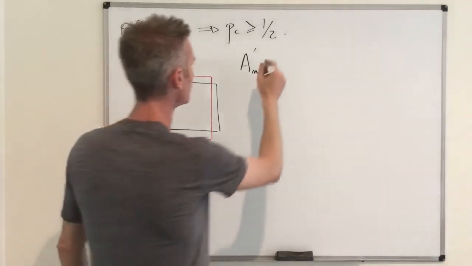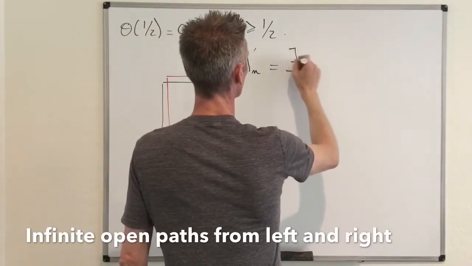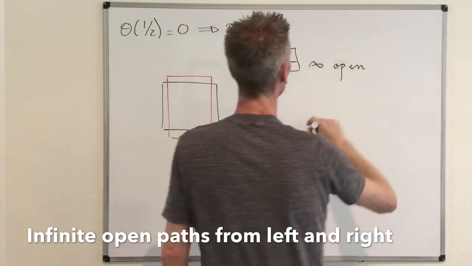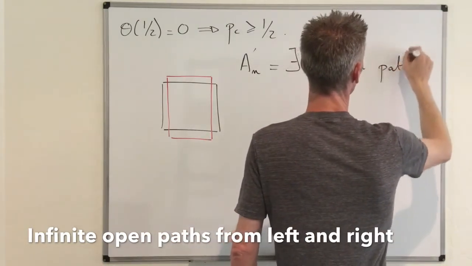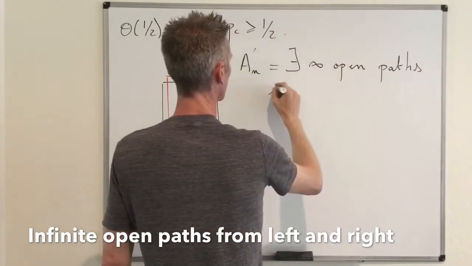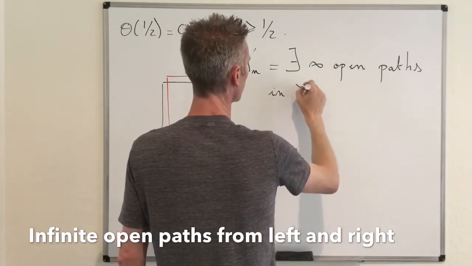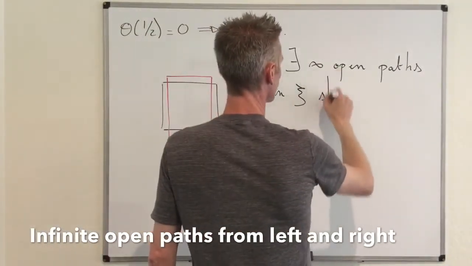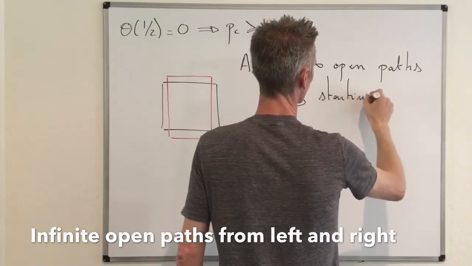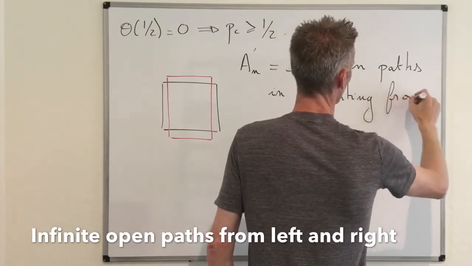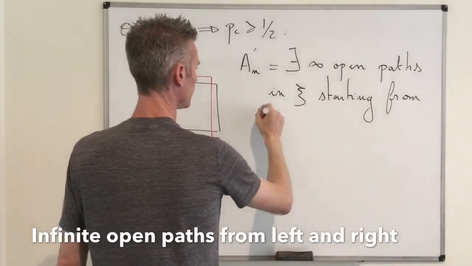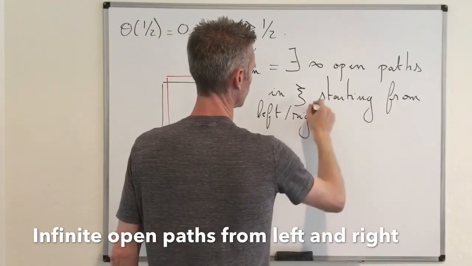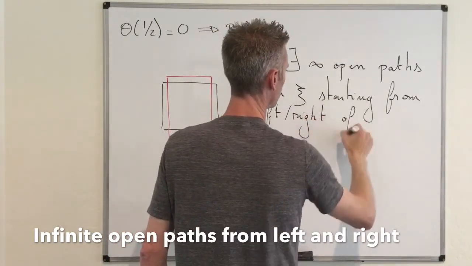So this one says that there exists, let's say, an infinite open path in C, starting from the left and right boundaries of Gn.